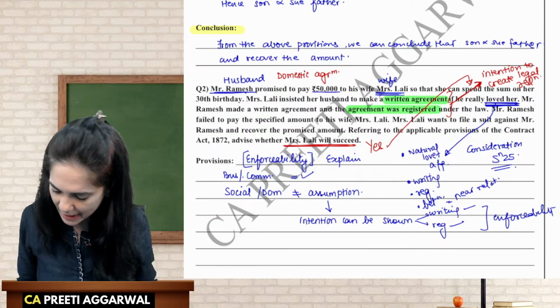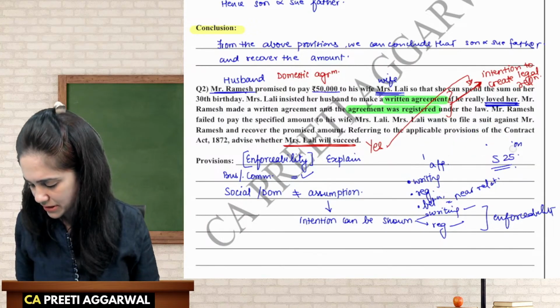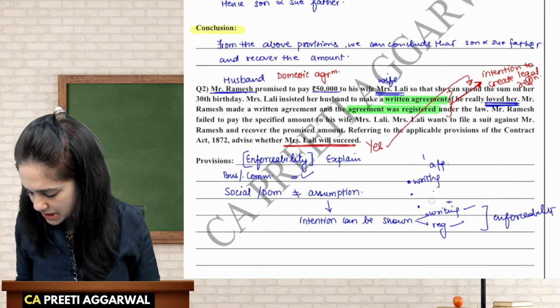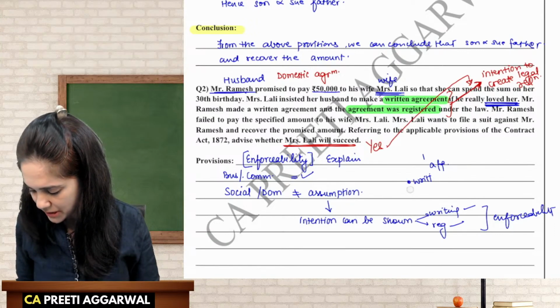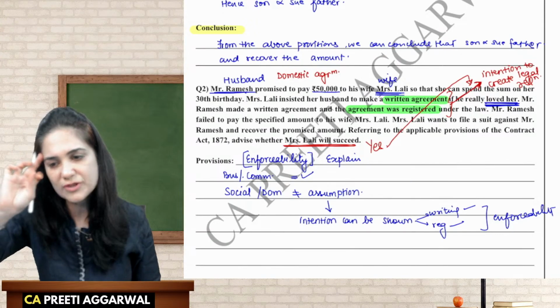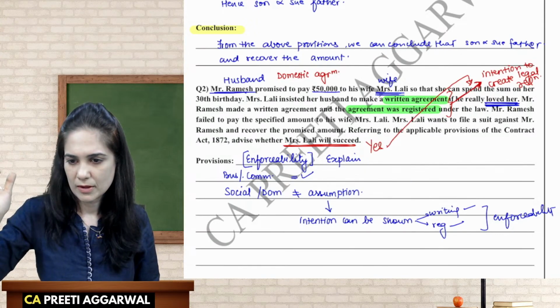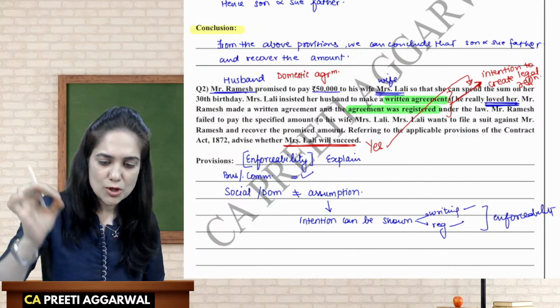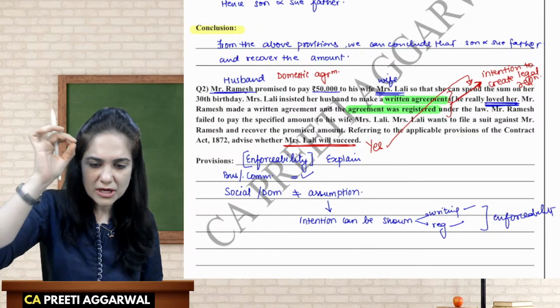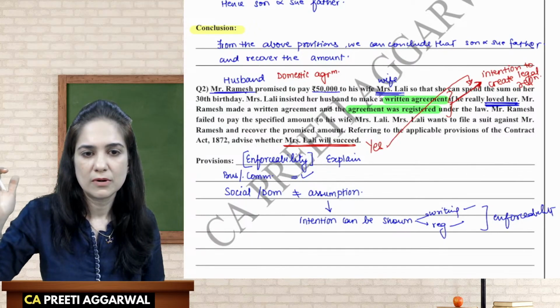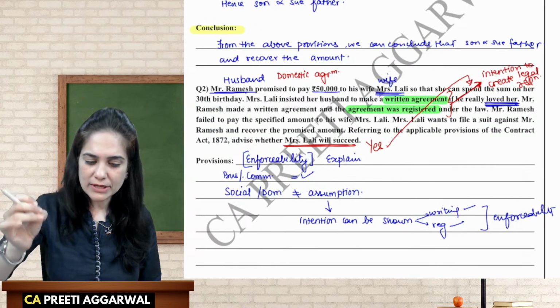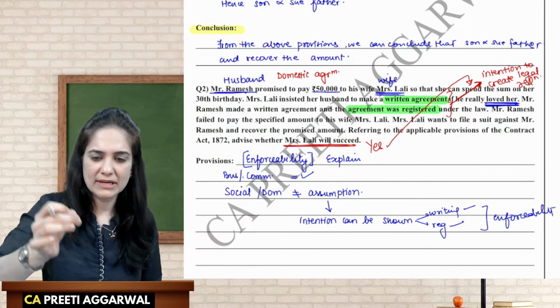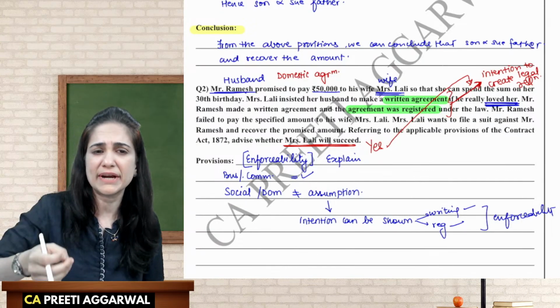You can answer from that point of view, but I am not choosing that. Why? Because I feel that the question is not asked from the consideration point of view. The question is not asked from the natural love and affection point of view. The question is not asked on whether the contract is valid or not, even though Ramesh is not getting any consideration.